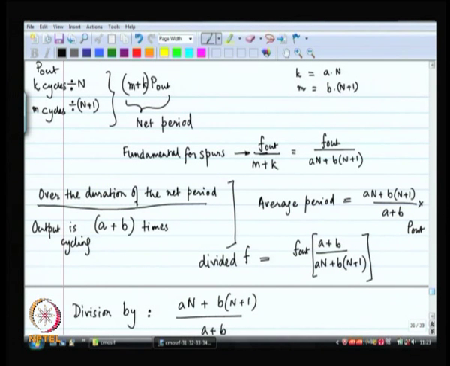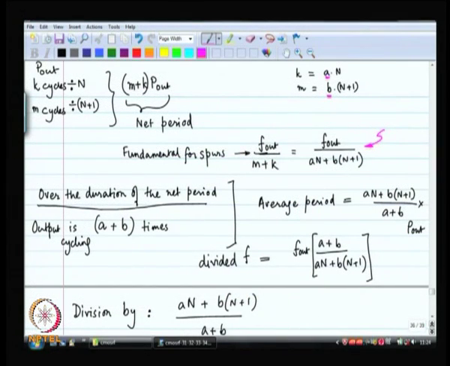Let us assume that k equals a times N and m equals b times N plus 1. So, the total number of cycles is k plus m, which means the net period of the whole business is k plus m cycles at the output.